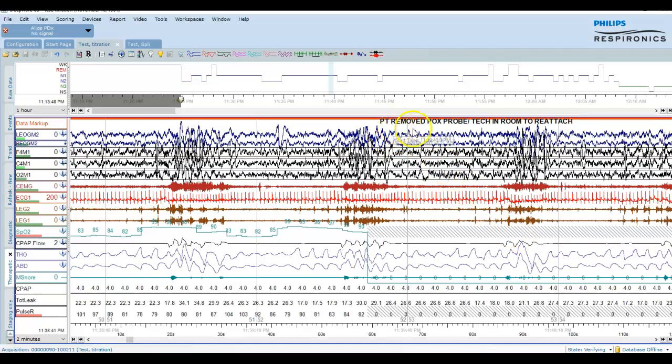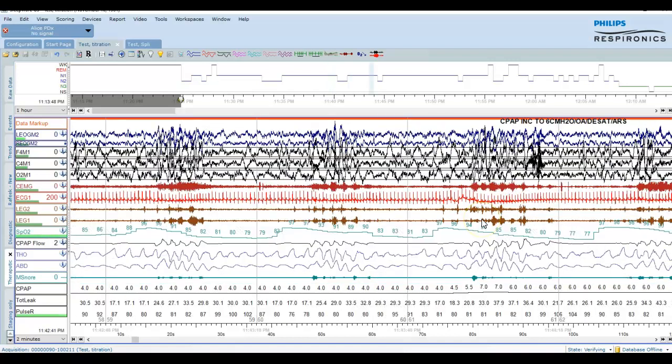Here the patient removed the pulse oximeter probe, so the tech went inside the patient room and connected it back. Then you can see from here the tech increased CPAP to 6 cmH2O for obstructive apneas. Now let's see what's happening.